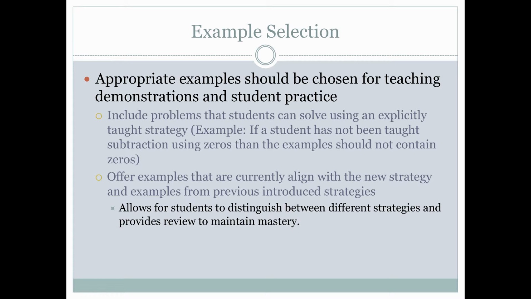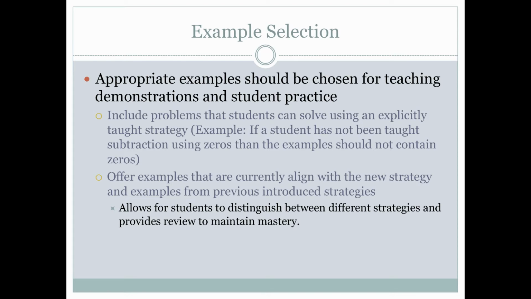If they haven't learned the letter sound correspondence, then we should not ask them to read that. It's the same thing in math. If they haven't been taught the subtractions using 0, then we definitely shouldn't use those in our examples. So we want to use examples that are aligned with a new strategy, which means you've worked them through. Don't do them on the fly. You've worked them through. It makes sense.